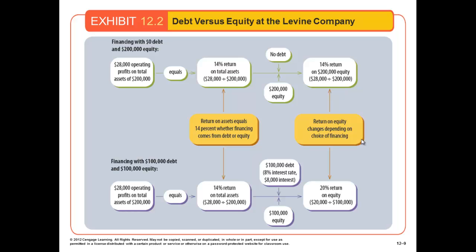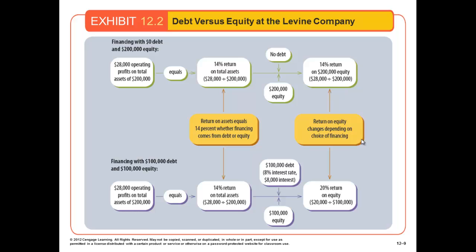Now, let's look at the return on equity. We have to include the 8% interest in our total cost, and so now we have $8,000. That's 8% of the $100,000 of debt, which has to be paid, and so that's an additional expense, and our profits come down from $28,000 to $20,000. Now, we calculate our return on equity.